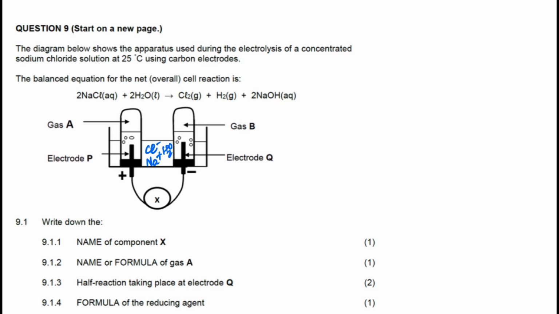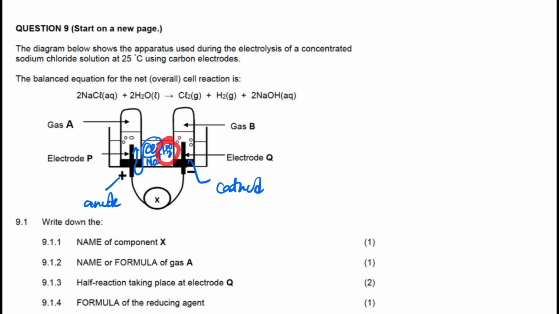So what will be oxidized there? If you're looking here, the anion will go to the anode. This is the anode side, and this one is the cathode side. So the remainder is between water and sodium.